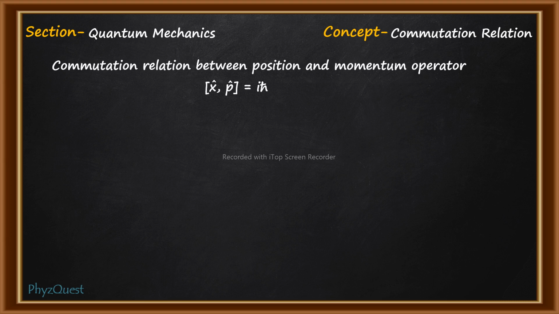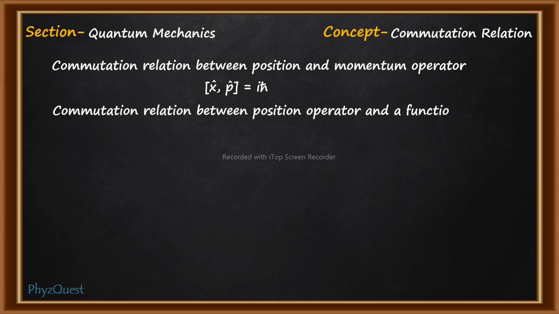Now as per the commutation relation algebra, there are some other commutation relations associated with the position and momentum operators, that is, the commutation relationship with their functions. When we consider the commutation relation between the position operator and a function of the momentum operator, f(p cap), the commutation relation between x and f(p cap) will be iħ del f by del p.